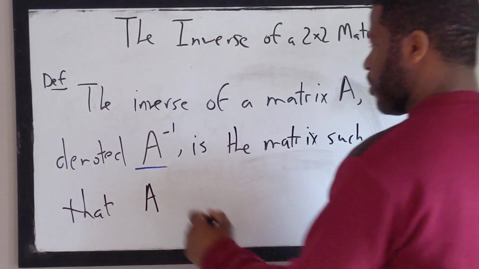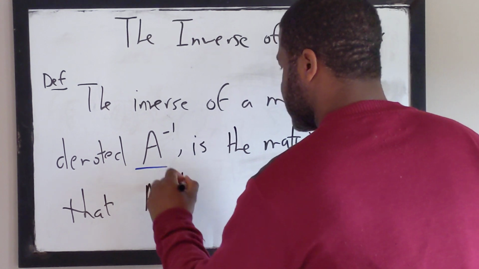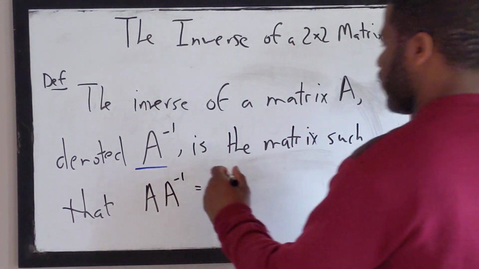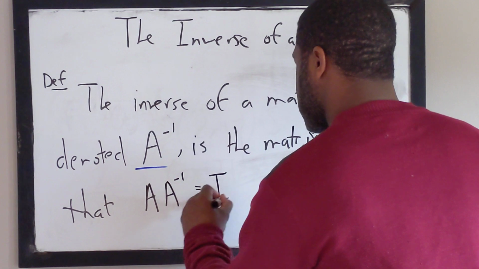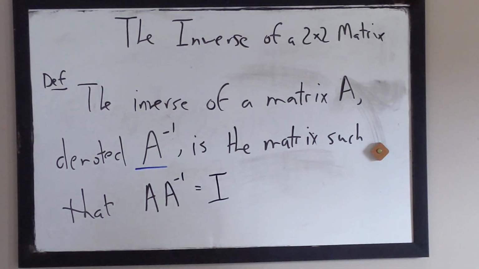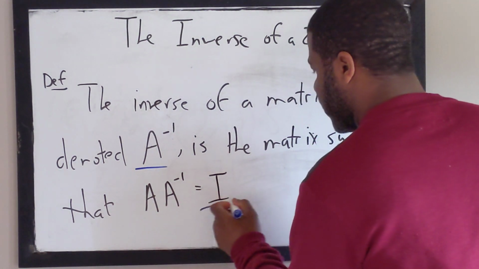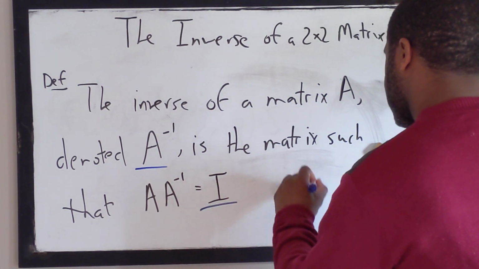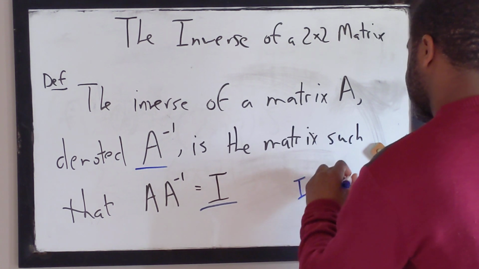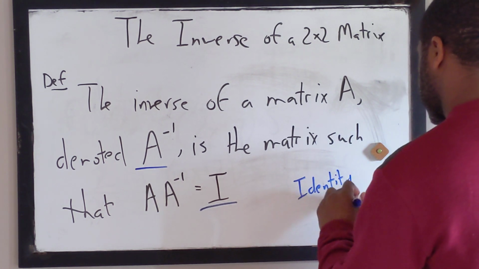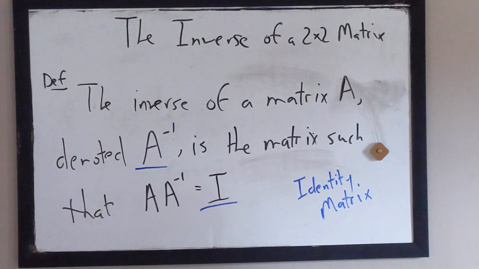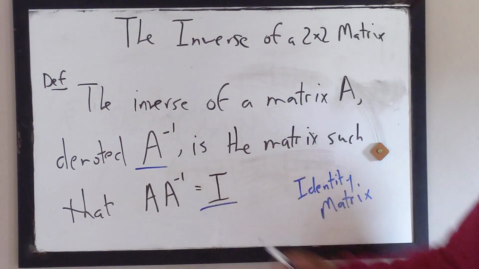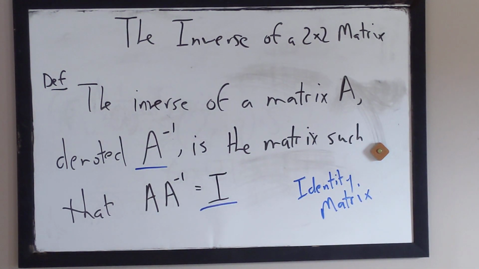A, the original matrix, times its own inverse is equal to I. Please underline that I. It is very important. It is called, I'm writing it in blue, the identity matrix. All right, A times A inverse is equal to the identity matrix.